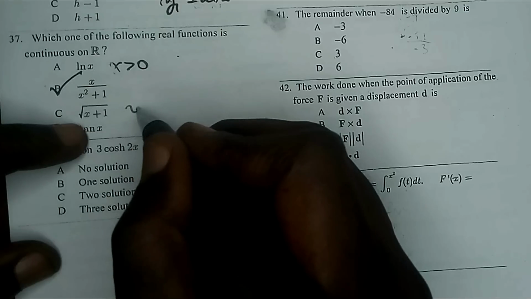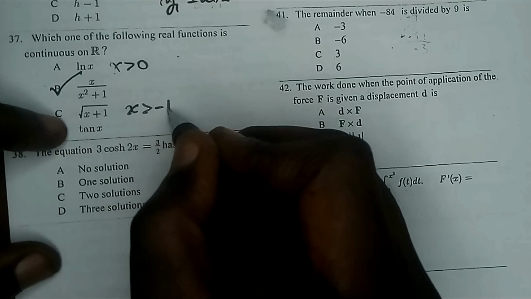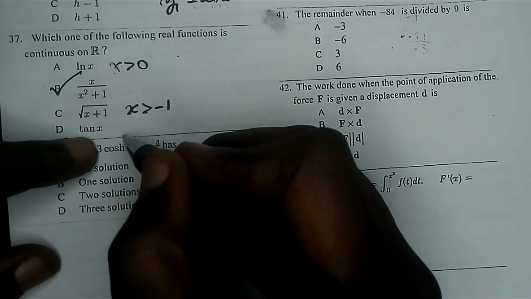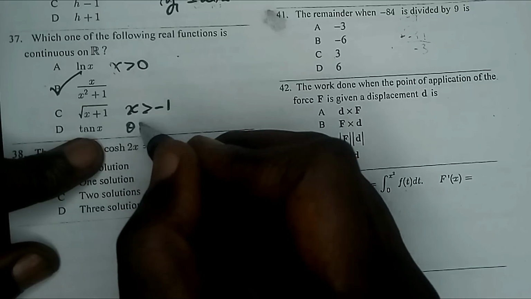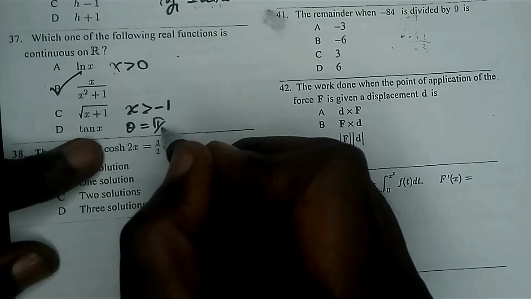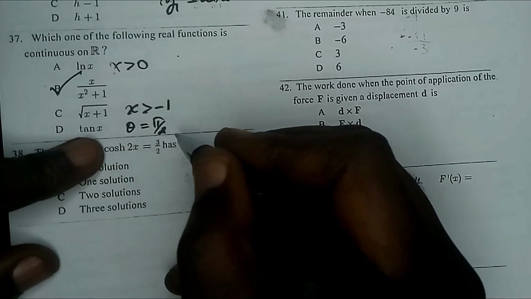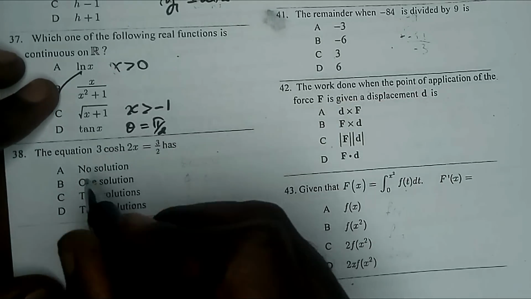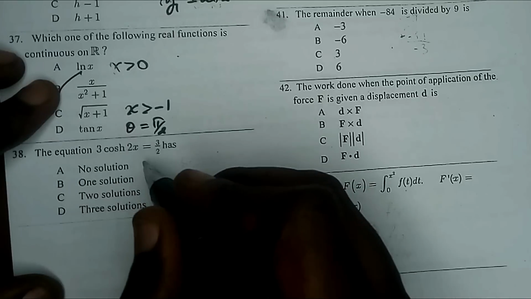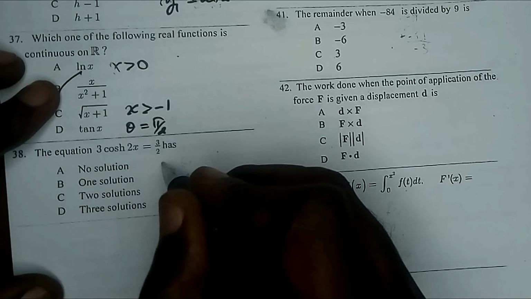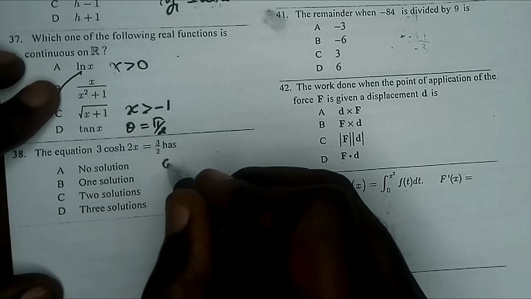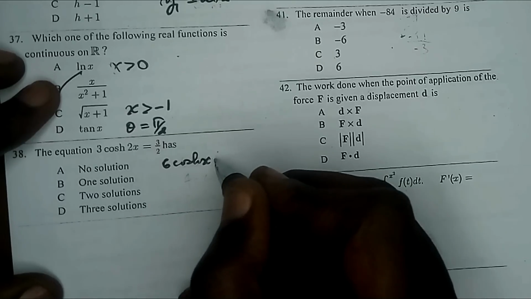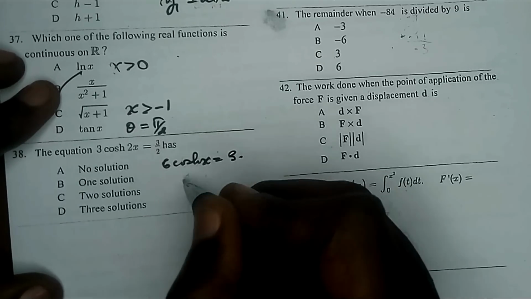while this other one is restricted for x greater than -1. This other one is not defined for theta equals pi on 2 and multiples of it. This other one, if we simplify the equation, we get 6 cos x equals 3.